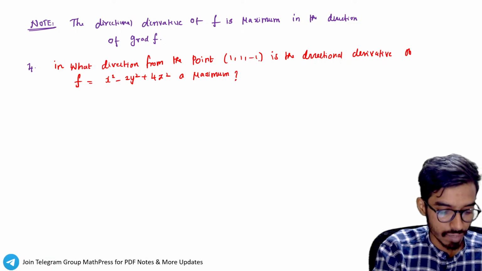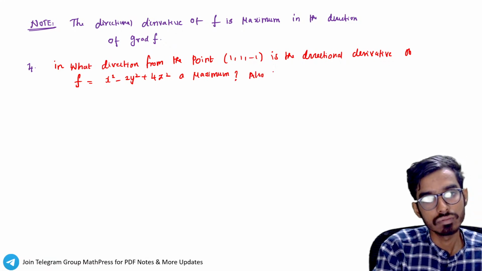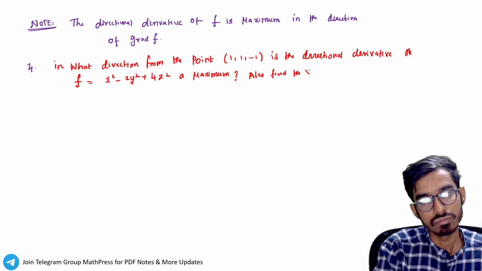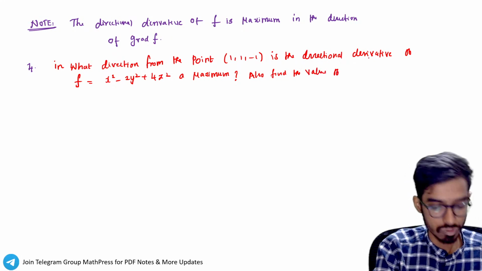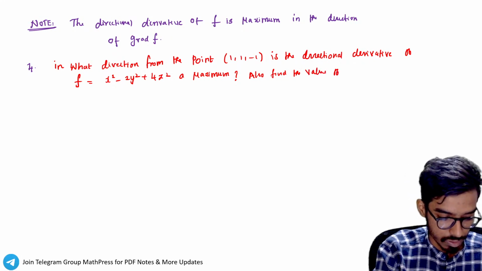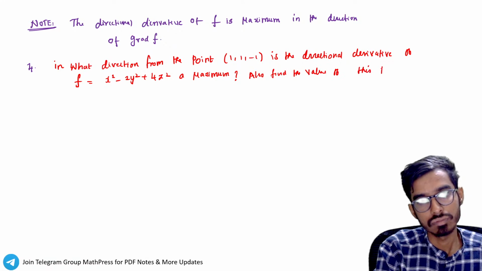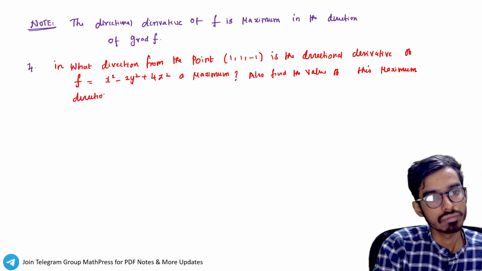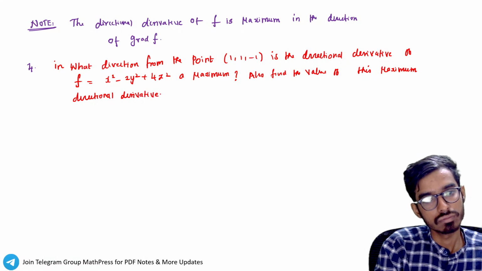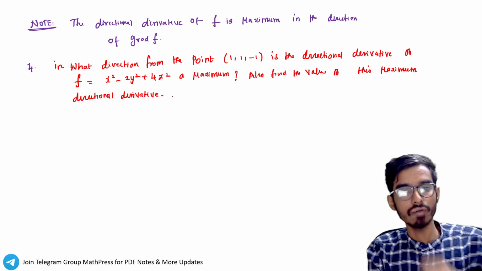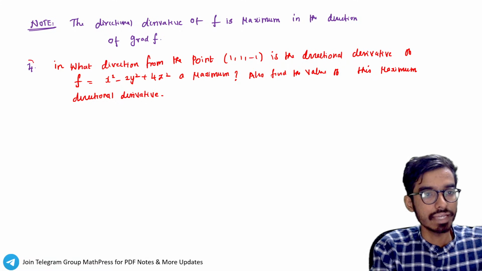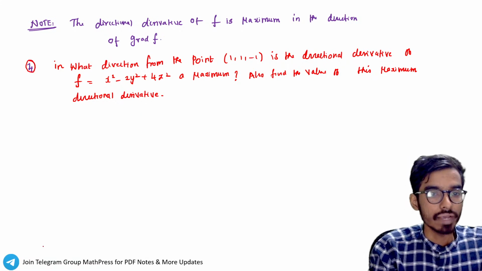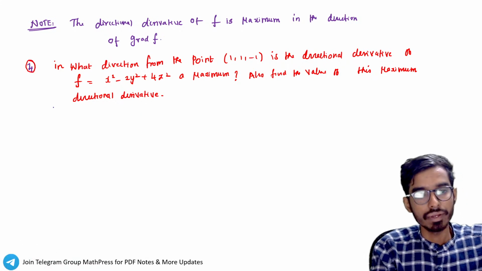Also find the value of this maximum directional derivative. So in what direction from the point is our directional derivative maximum? Also find the value of this directional derivative.